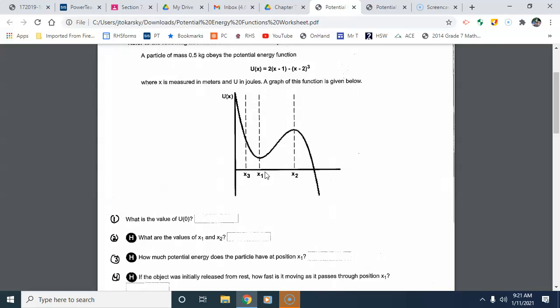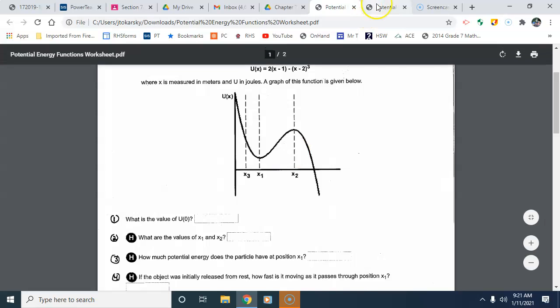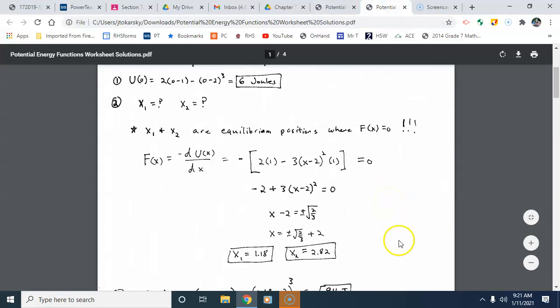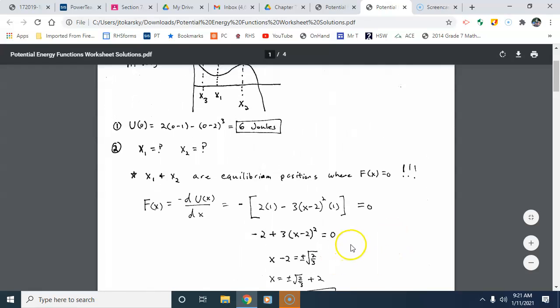And we remember what derivatives are graphically. They're tangent lines to the curve, right? So a tangent line to a peak or valley, crest or trough, whatever you want to call them, is a flat line, right? So that means the force is 0 there. And we could use that to our advantage to answer this question. So number one thing, we need to take the derivative of that function.